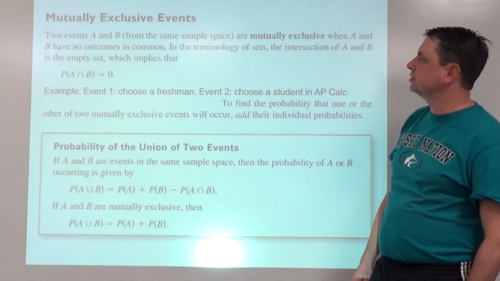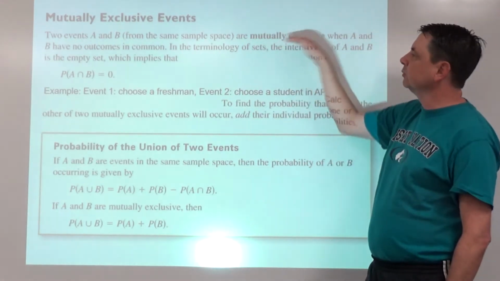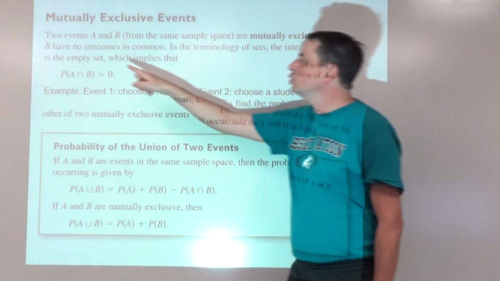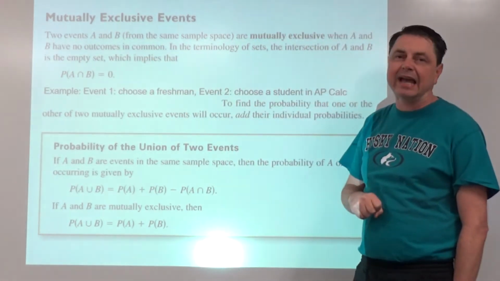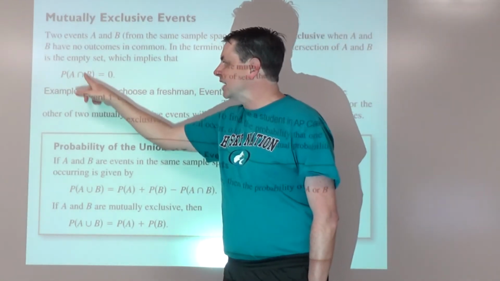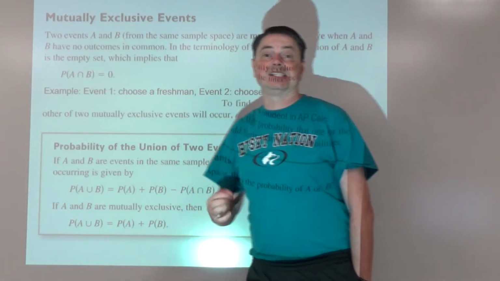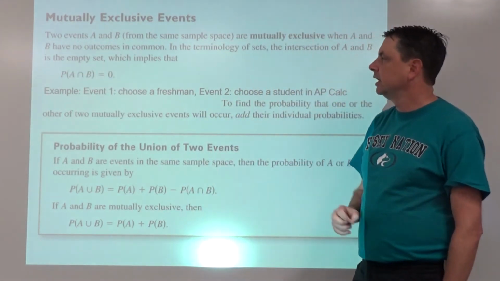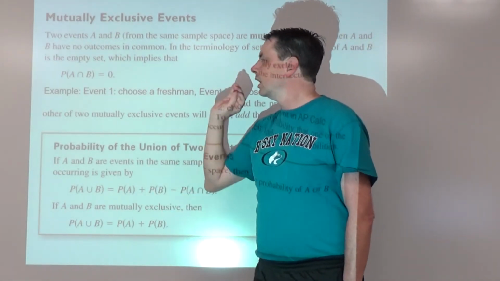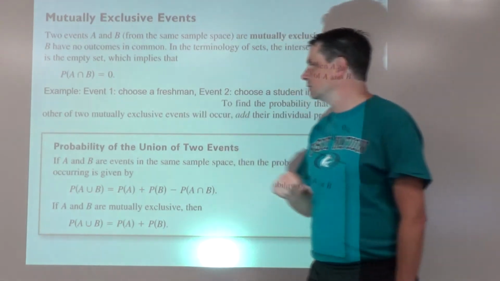Mutually exclusive events. We've got 2 different events, same sample space. They are mutually exclusive when those 2 events do not have any outcomes in common, in which case the intersection, or the probability of the intersection, is 0. Example. So in a class, I'm going to choose at random a freshman.